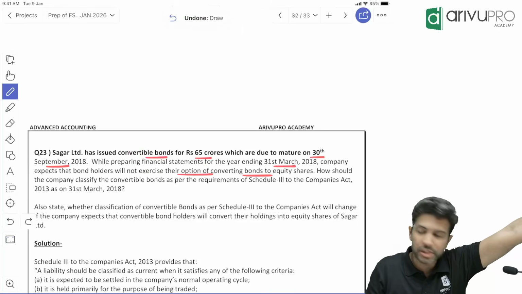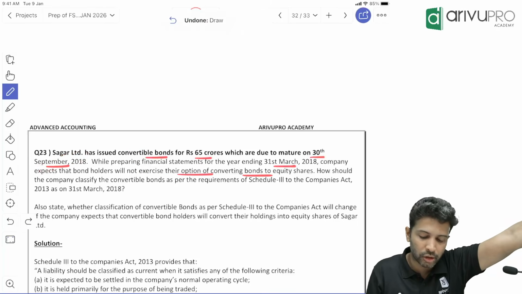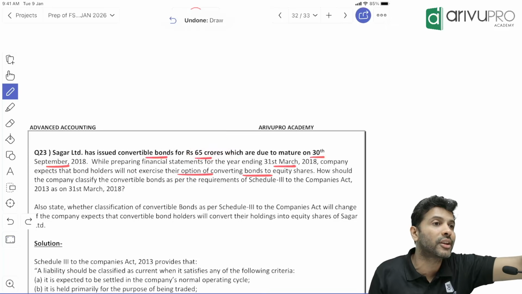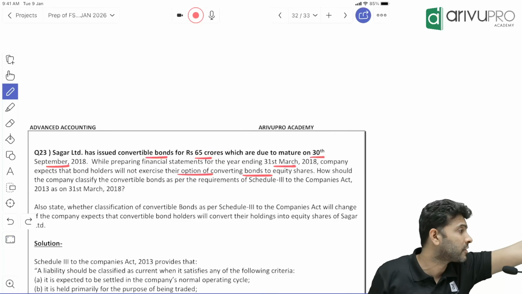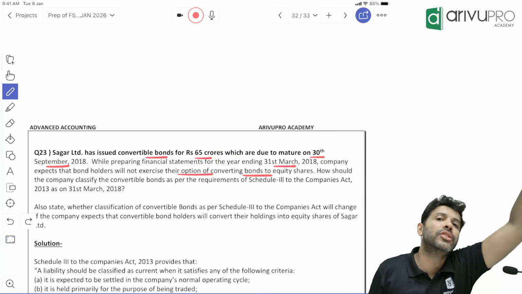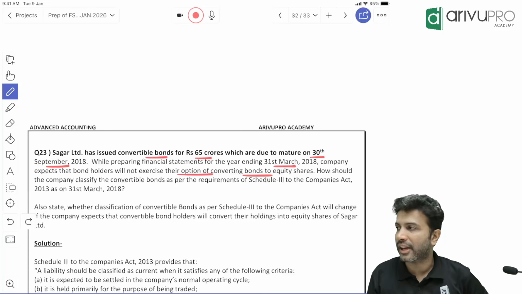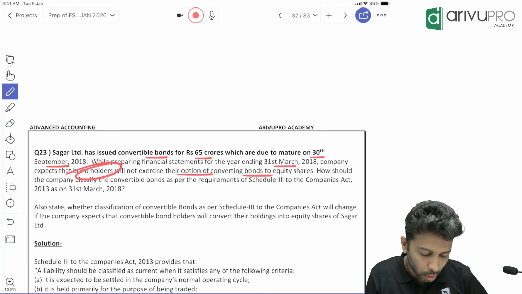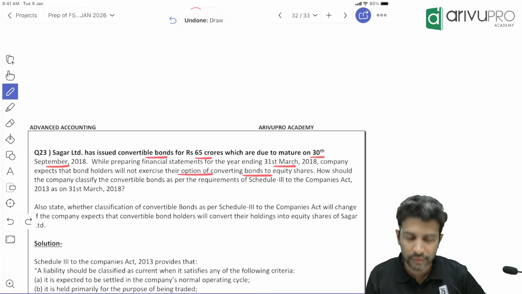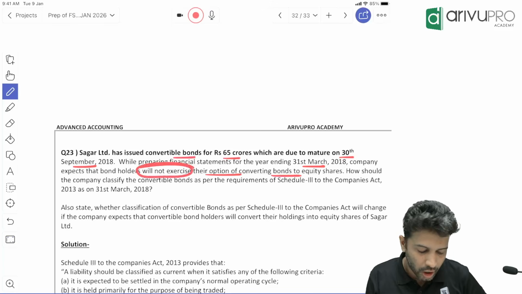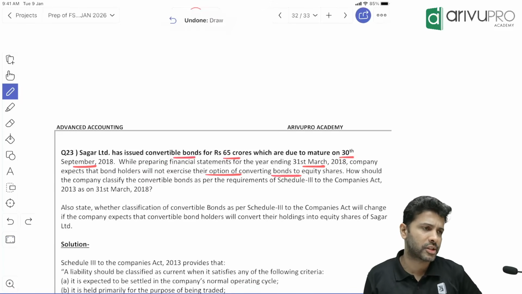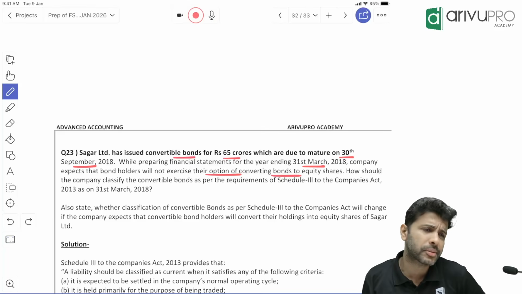On 30th September 2018, I will give you 65 crores in cash or I will give you 65 crore worth of equity shares. You decide what you want. What is the company expecting? That the bondholders will not exercise the conversion option, which means we will settle by cash.